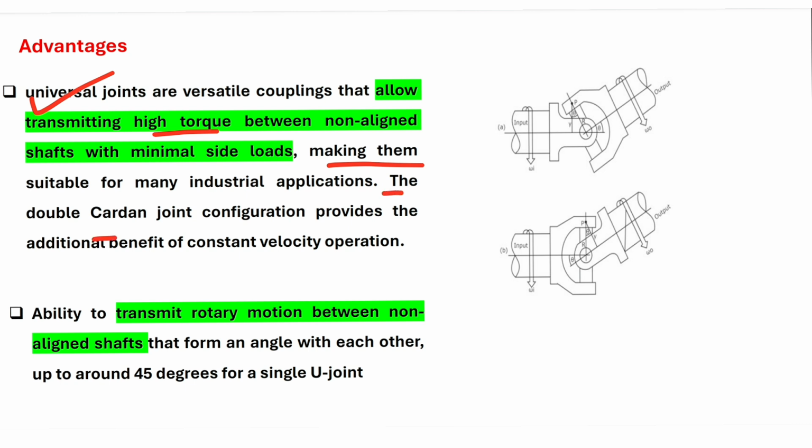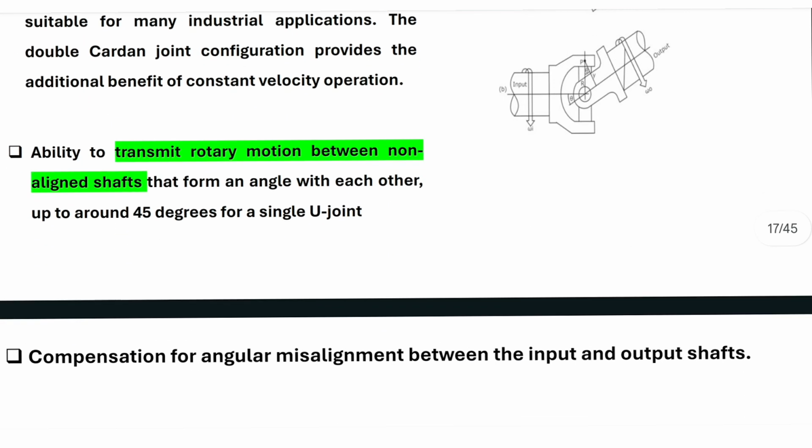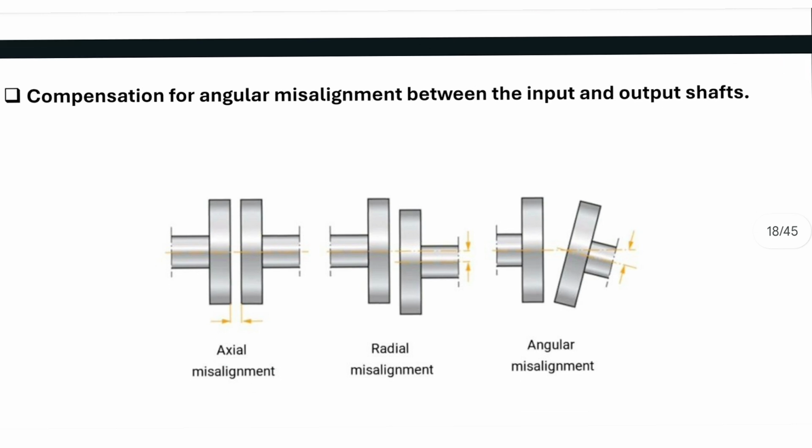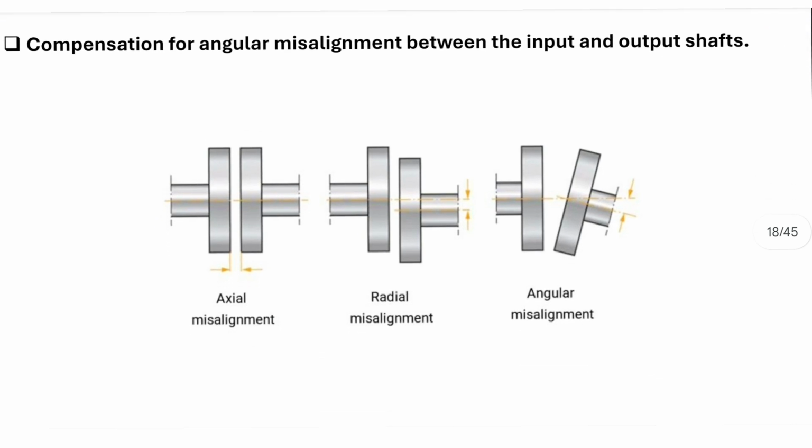The double cardan joint configuration provides the additional benefit of consistent velocity operation. Ability to transmit rotary motion between non-aligned shafts, forming an angle with each other up to around 45 degrees for a single joint. Comparison for angular misalignment between the input and the output shafts.